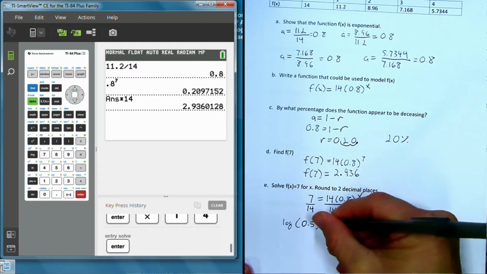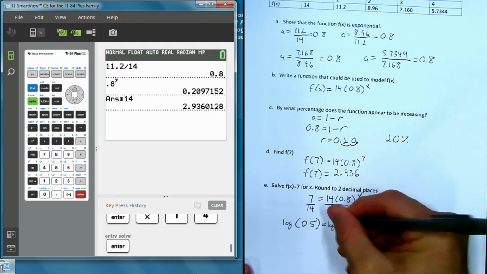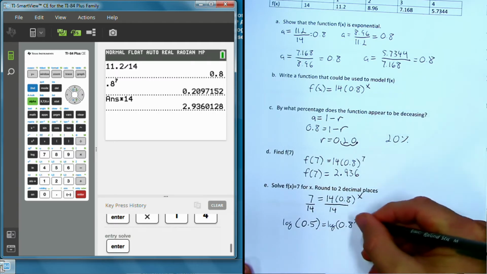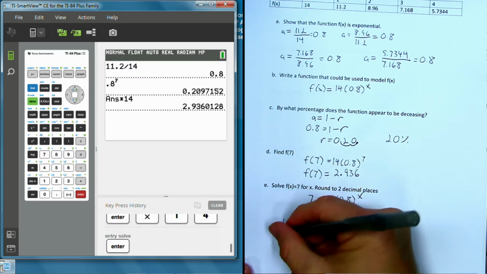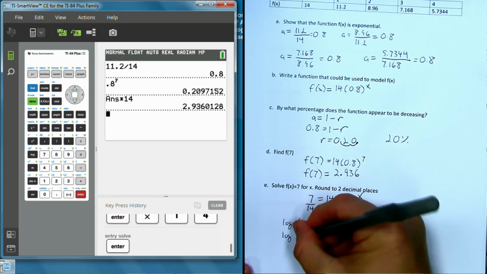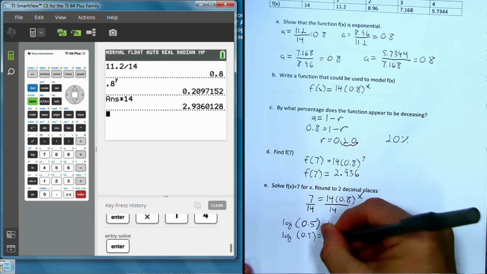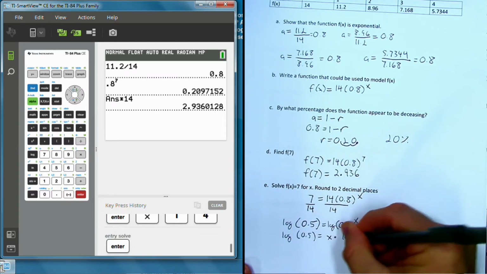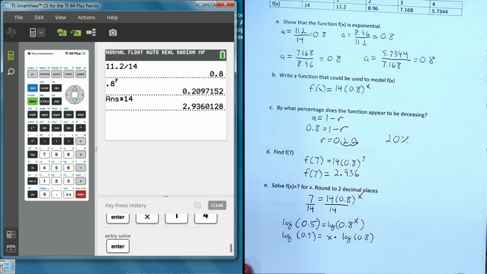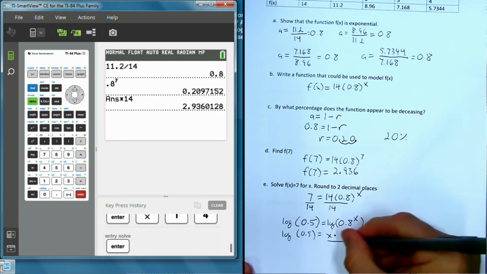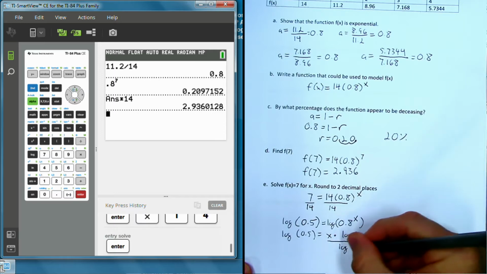If we take the log of each side, we have this property that allows us to drop x in front and say log of 0.5 equals x times log of 0.8. So to solve for x, we're going to divide each side by log 0.8.